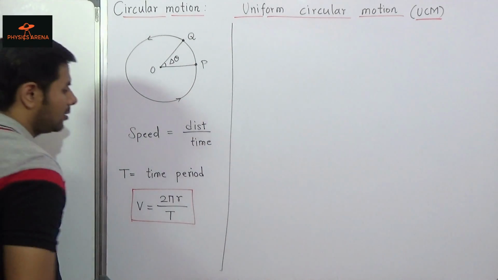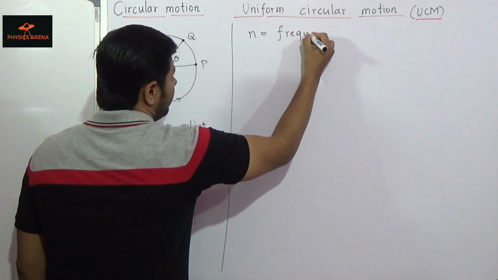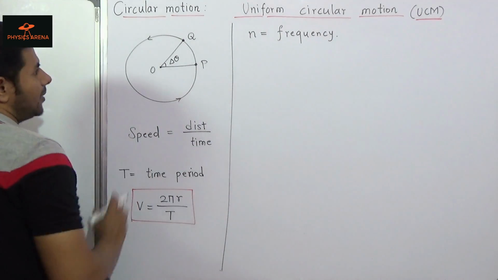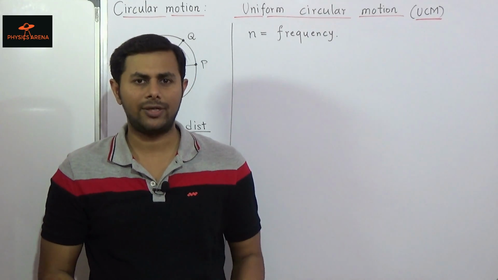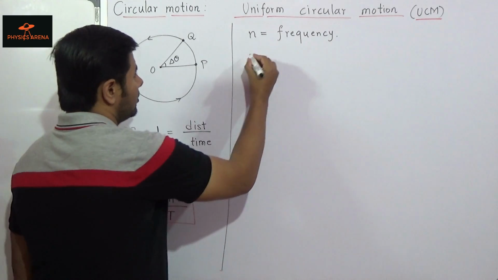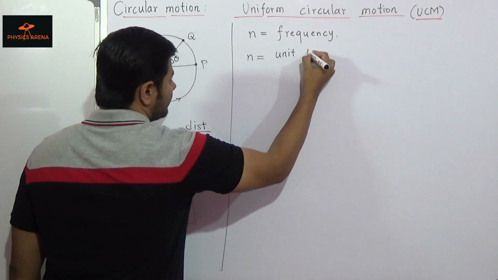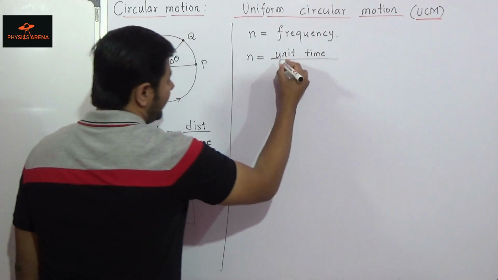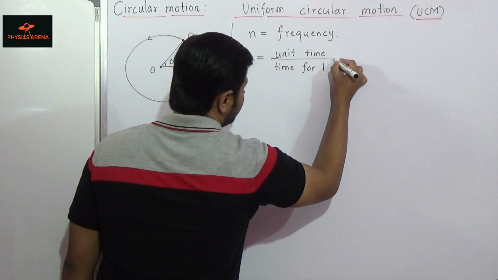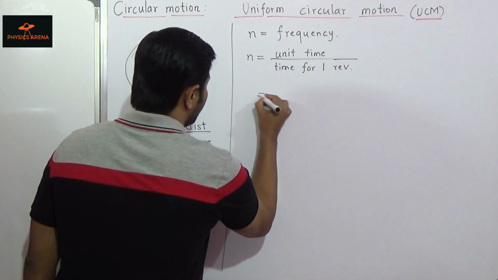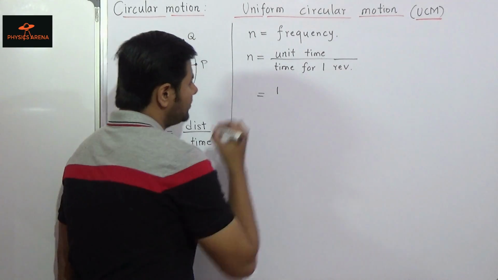Then suppose n is the frequency for this particle. So frequency is the number of revolutions performed per unit time, and therefore n is equal to unit time divided by time for one revolution, and in SI units we take unit time as 1 second.